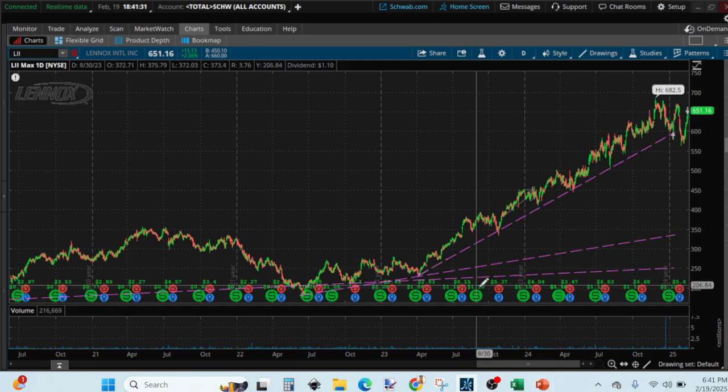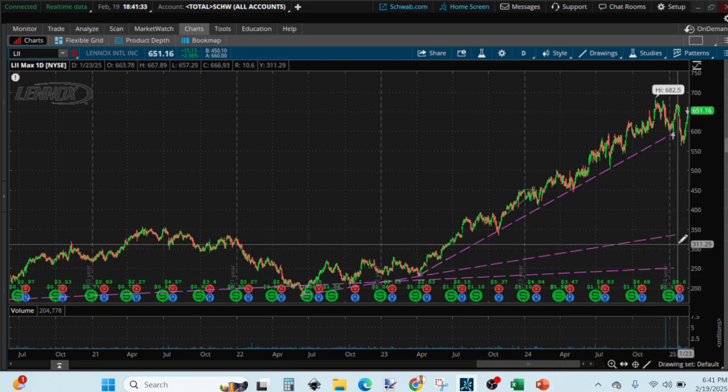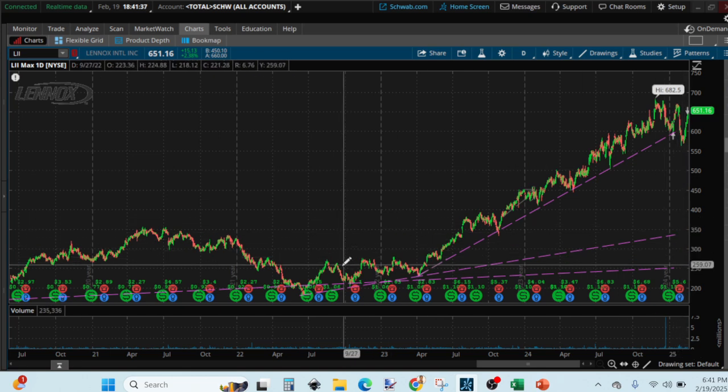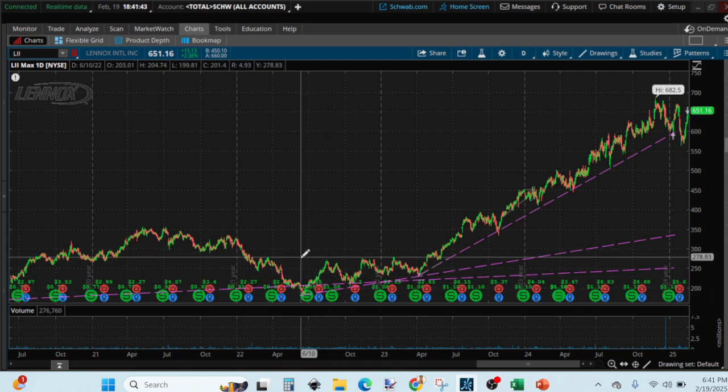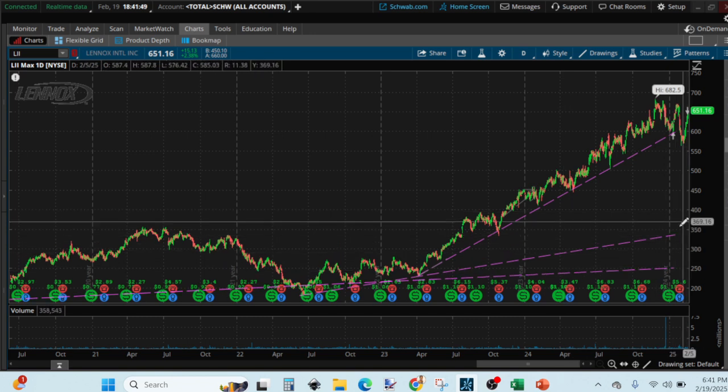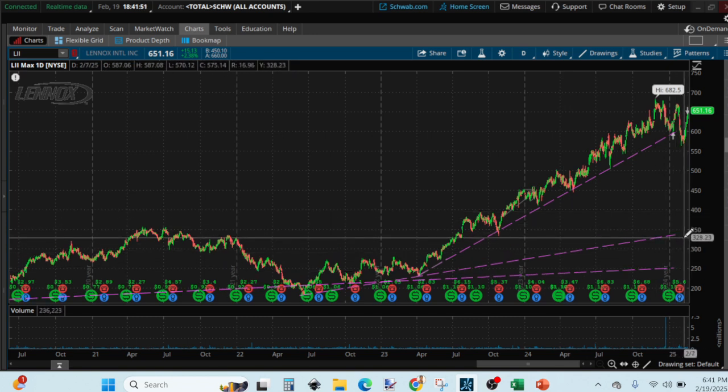And when you are going to buy, you compare how it's behaving around the trend line to the previous time that it reached that area of the trend line, to see if you see a similar pattern, to see if it is okay for you to get in.